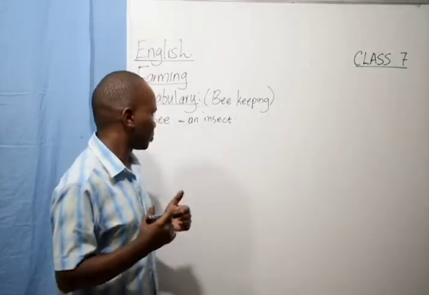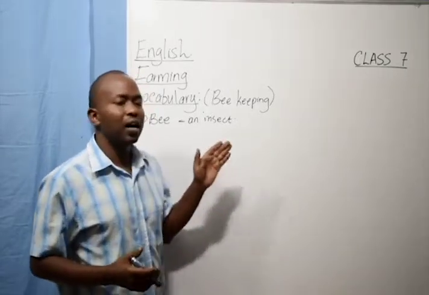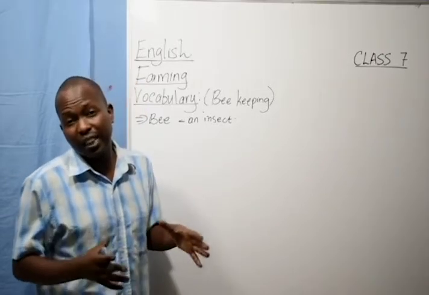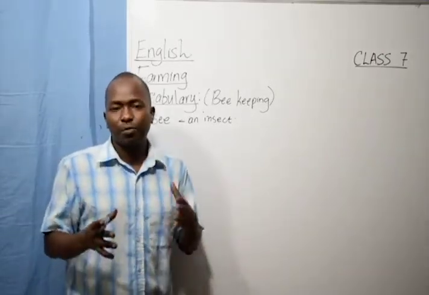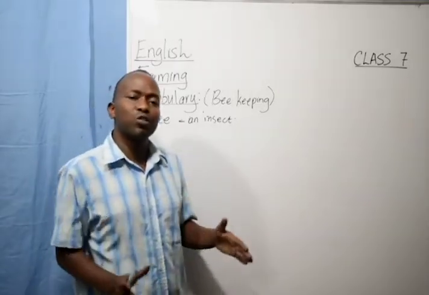For example, bees are important because they help in pollination. I'm sure you understand that from your science. Pollination is whereby pollen grains are moved from one flower to another.